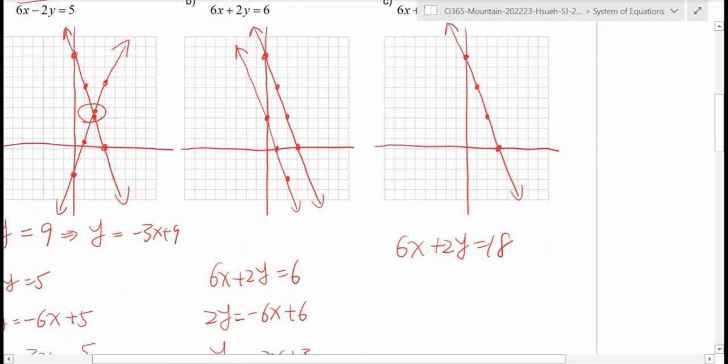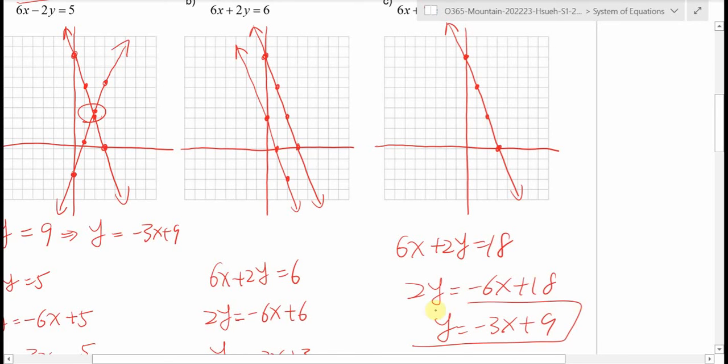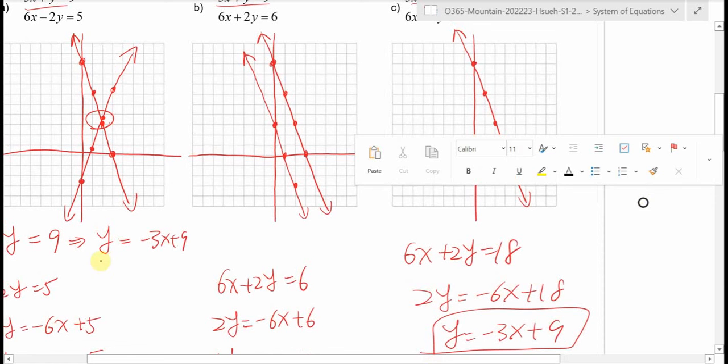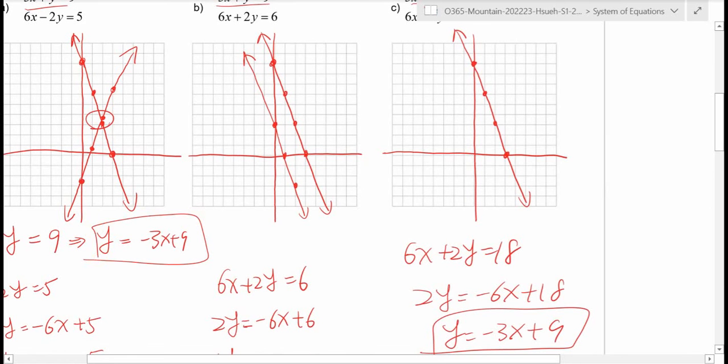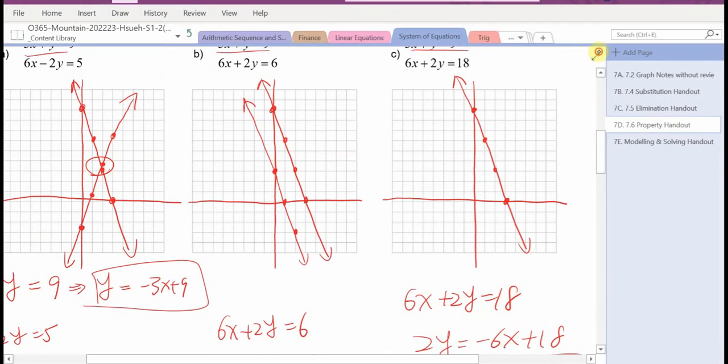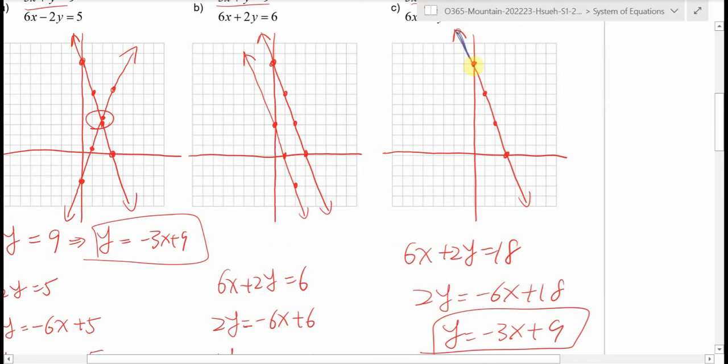First step, moving 6x to the right, and then divide everything by 2. You get negative 3x plus 9. Now hold on a second. Isn't this exactly what we have here as well? Negative 3x plus 9. So I can make this a blue line and just draw it over it, and we have a second line right here.